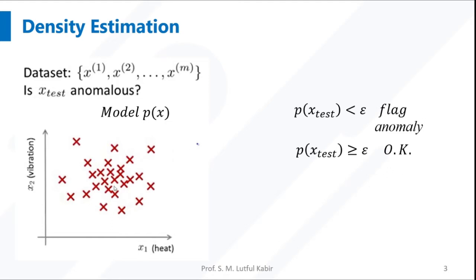So what we actually do is set a probability, and within that probability, the data may be this one. That means if you set that probability boundary by this particular area, then all other points except that area are outside the boundary, and those points are anomalous with respect to those points.